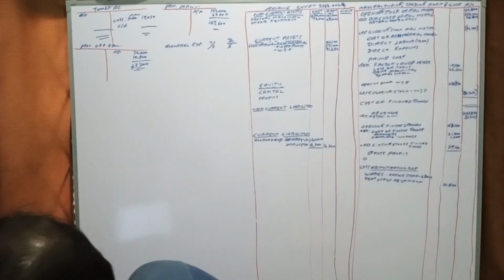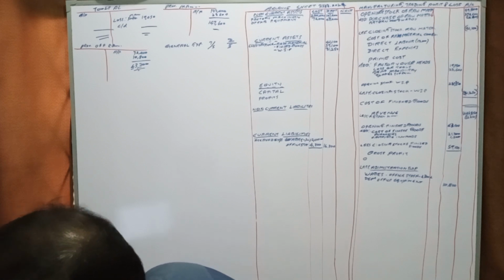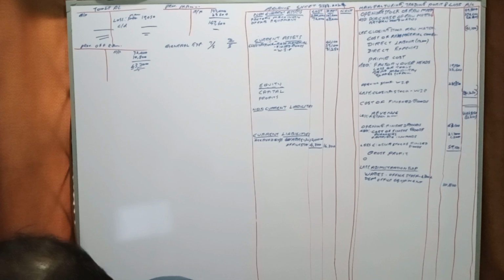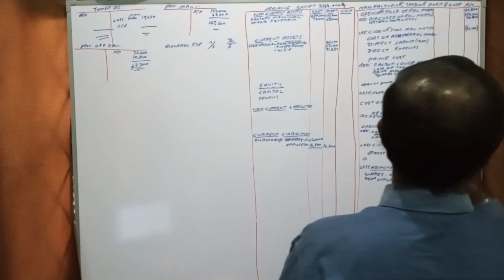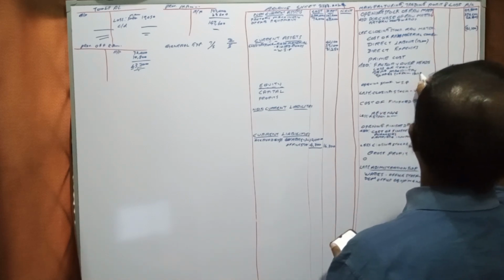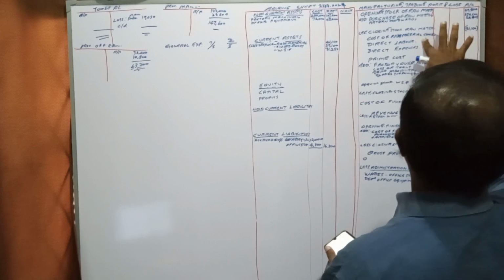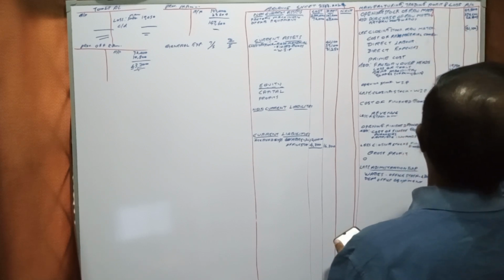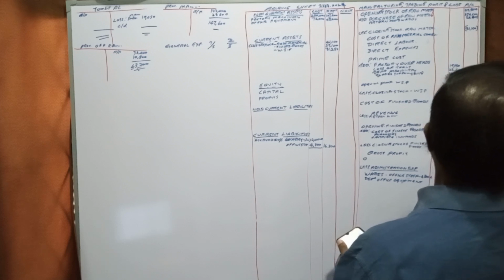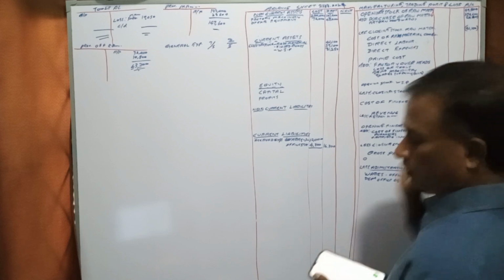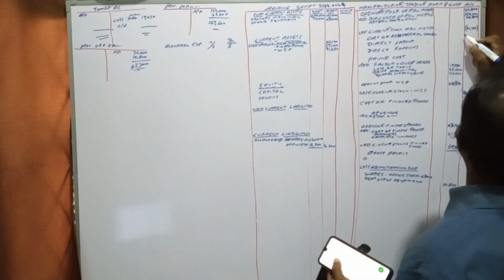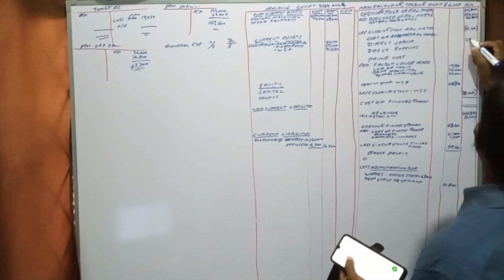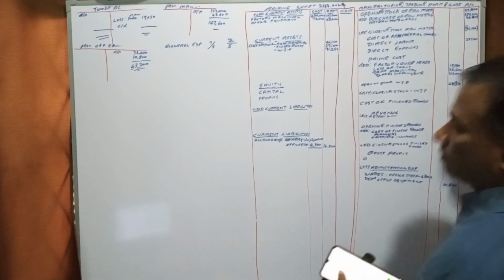How much? 152,000 plus 12,000. 152 plus 12, right? 164,000. Operatives 297,000, 297,100, right?